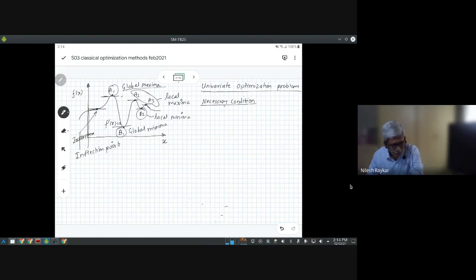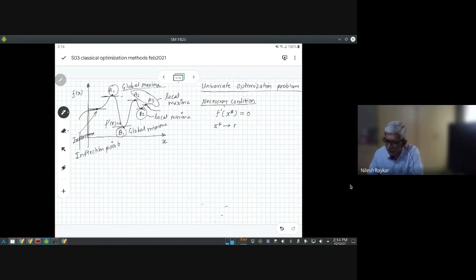And for a univariate problem, the condition is f dash of x star equal to 0.